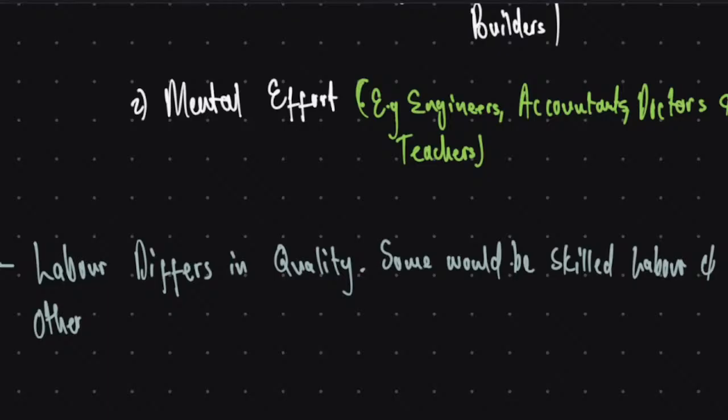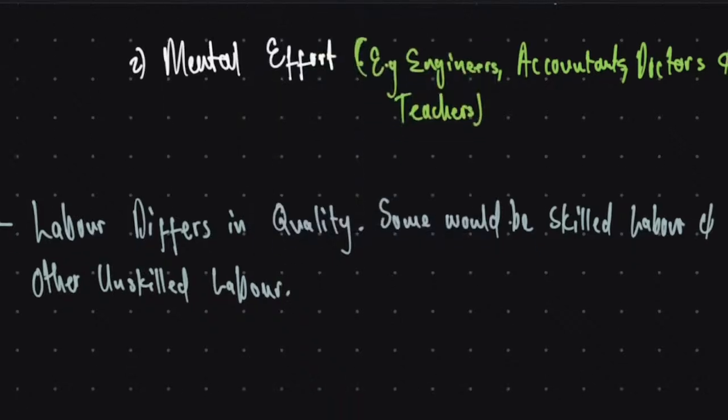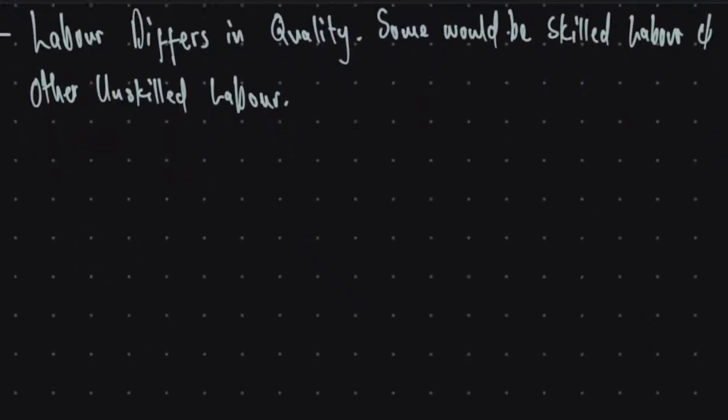Here, some would be skilled labor and other unskilled labor. So the quality of labor, the quality of human effort, is not the same.